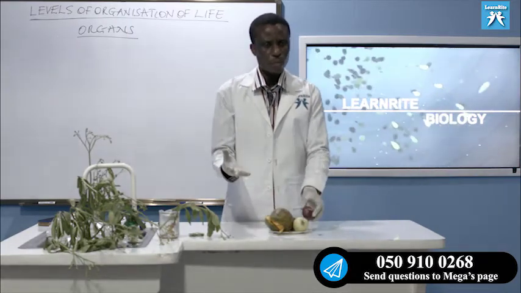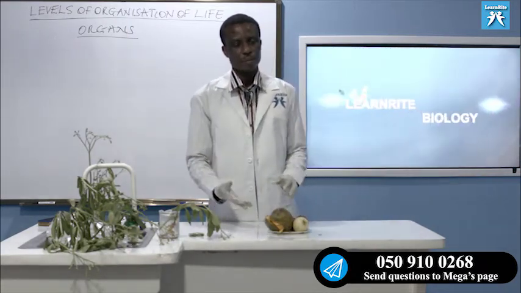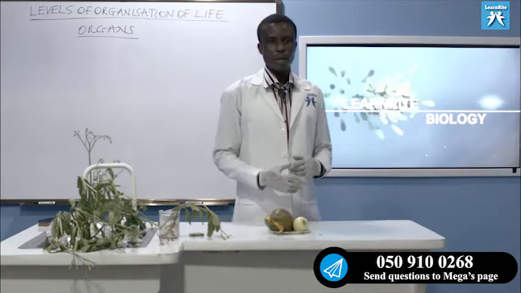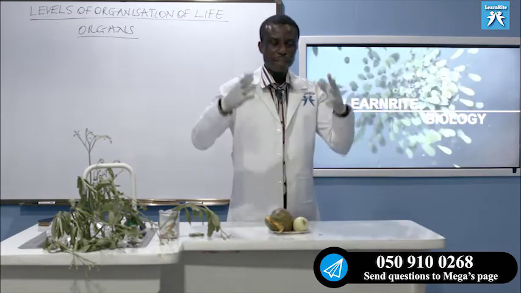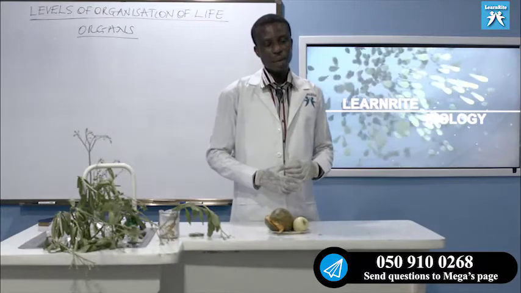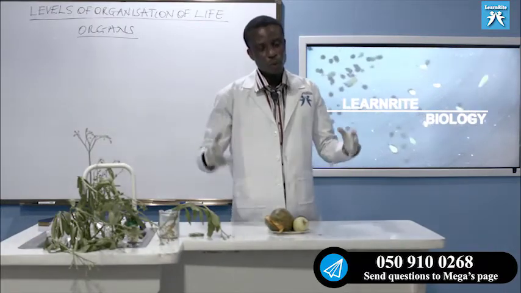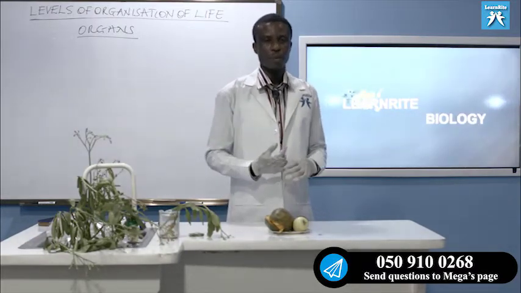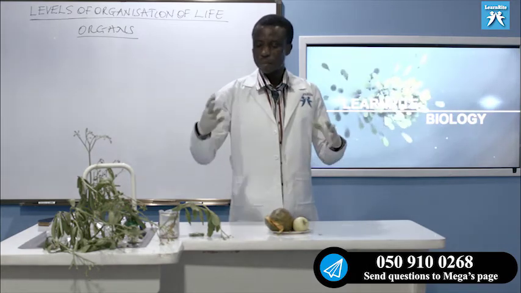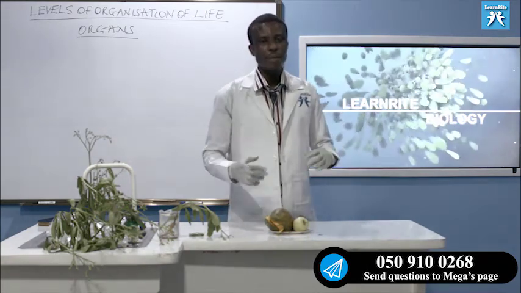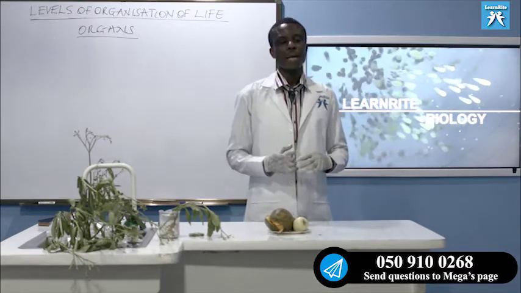What about rhizome? Ginger. It's an organ. What about yam? It's a stem tuber. What about Irish potato? It's a stem tuber. These are our examples of organs in plants.